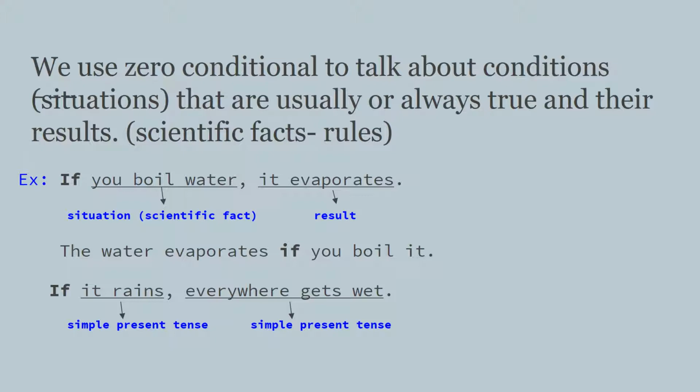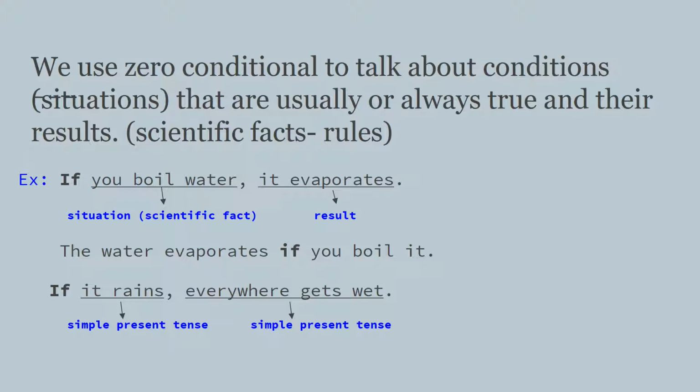To be able to use zero conditional, the result should happen 100% when the situation happens. So the result should never change. In this sentence, whenever we boil water, the result never changes.